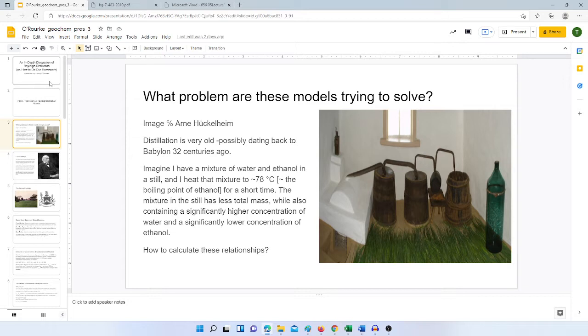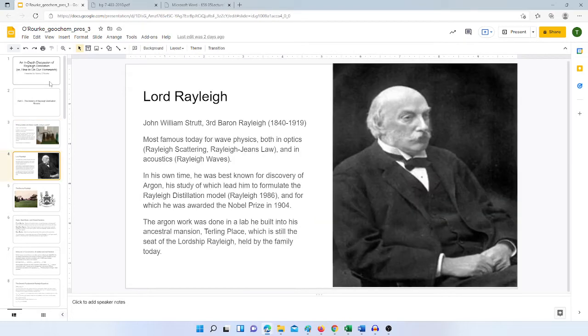But this mass that has now less in volume now has substantially more water concentration and substantially less ethanol concentration. So I'm dealing with systems where I have a redistribution of mass and a redistribution of concentration simultaneously, and I'm interested in having a set of equations that will allow me to evaluate these complicated relationships.